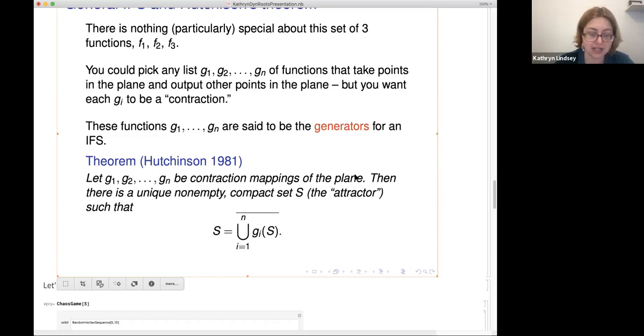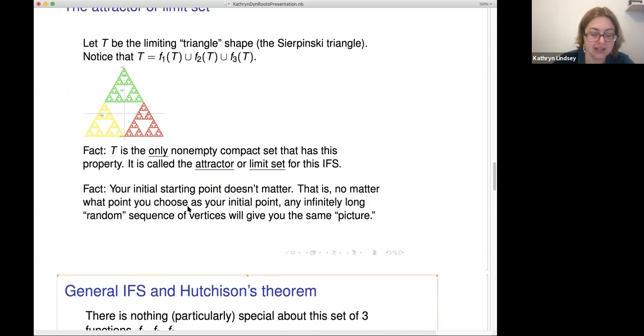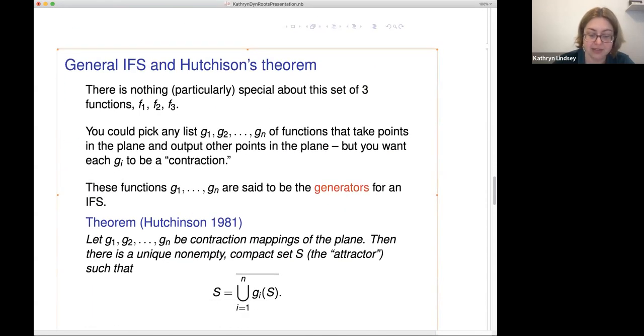That is, there's a unique non-empty compact set that can be written as n pieces, one piece for each generating map, and the pieces are what that map does to the whole shape. This is exactly like saying the way this picture was the union of the three pieces corresponding to the three generators, exactly the same thing happens in general.